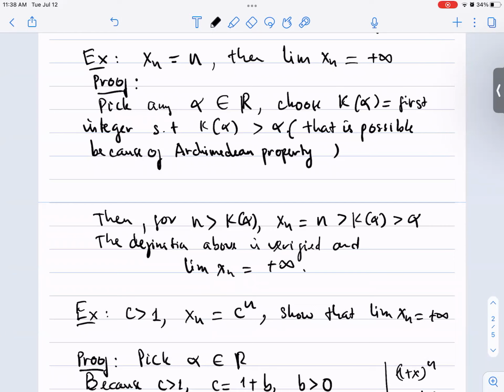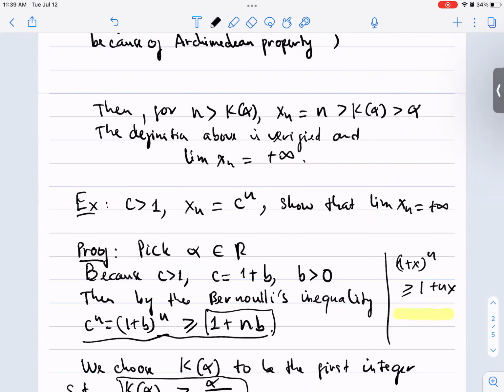Remember, we discussed the completeness property, which implies the Archimedean property, and then the Archimedean property further leads to several consequences about the density of rational and irrational numbers. One of the consequences is that for any number alpha in the set of real numbers, we can always find integers bigger than alpha.